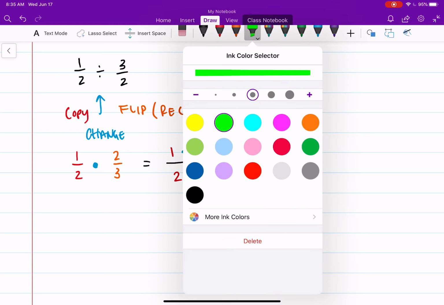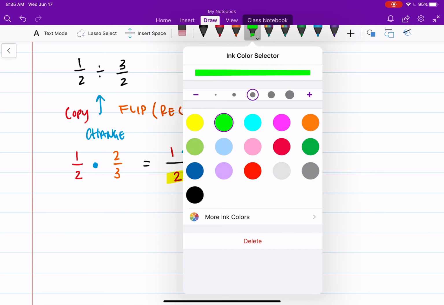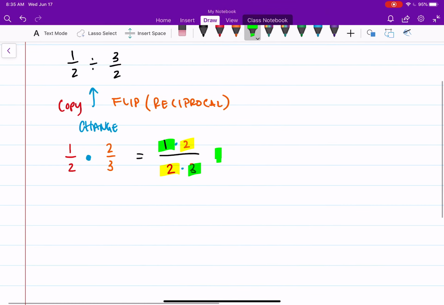And what do we have in common? We have 2's in common. What do we have left? The 1 and the 3. So therefore my answer would equal 1/3, because the 2 is common, so they cancel out. I'm left with the 1 on the top and the 3 on the bottom. So there is my answer, right?